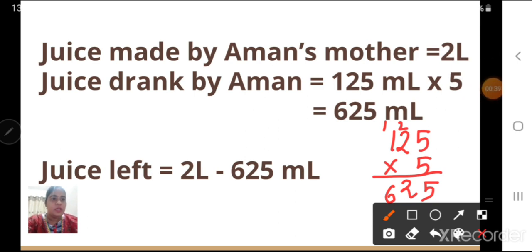So children, the quantity of 5 glasses is equal to 625 milliliter. So this much Aman drank. After that we have to find out how much juice is left. How will we find? By subtracting. Correct? 2 liter minus 625 milliliters. Children, note down all the steps in your classwork.